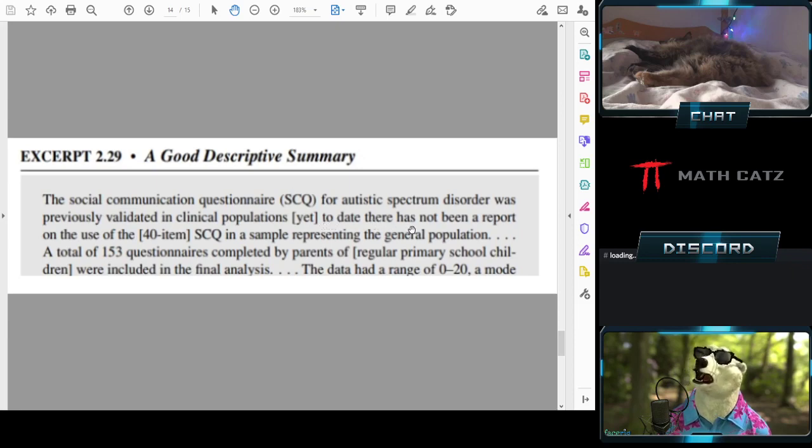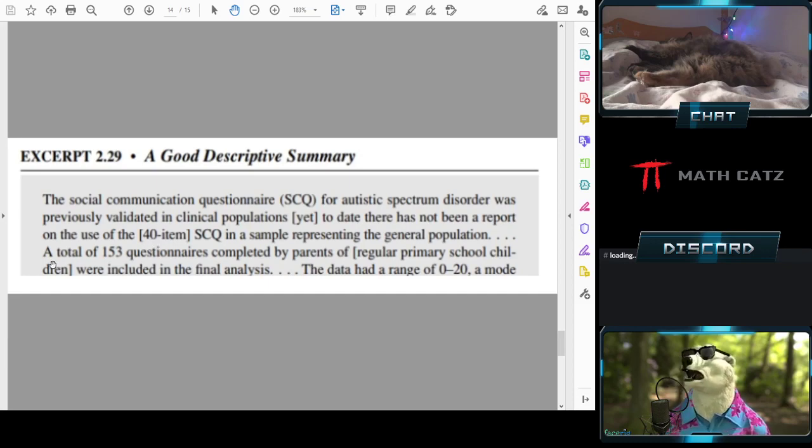Yet to date, there has not been a report on the use of the 40-item scale questionnaire in a sample representing the general population. Of course, it's part of a larger document, but they're sort of summarizing why we are doing this. Oh, because there hasn't been a report using the 40-item questionnaire before.